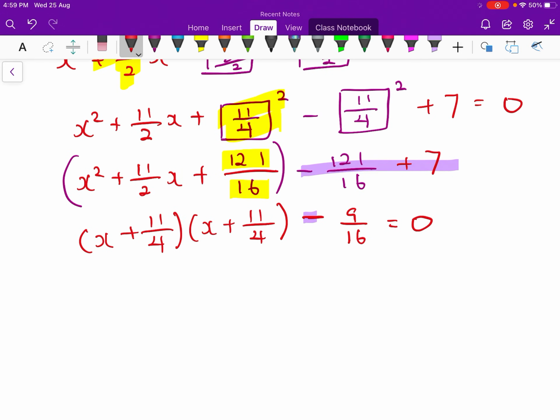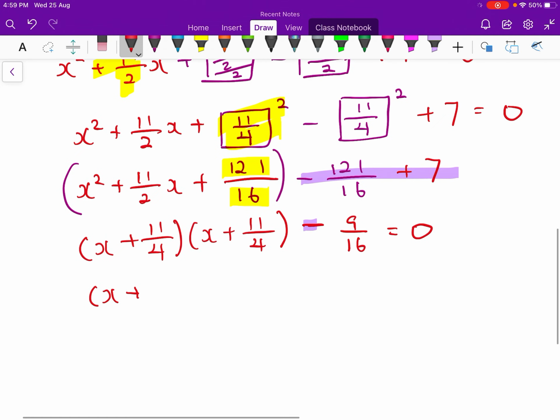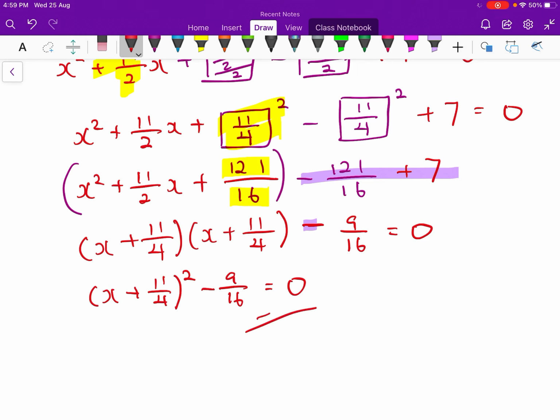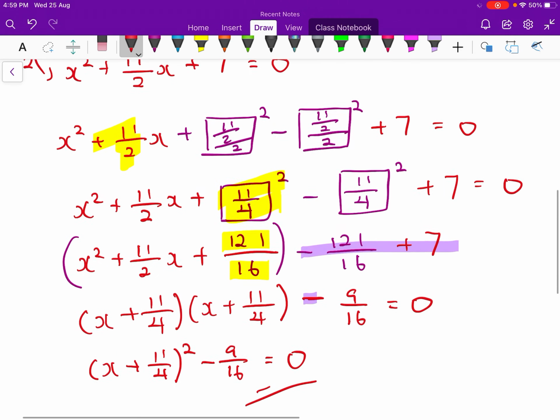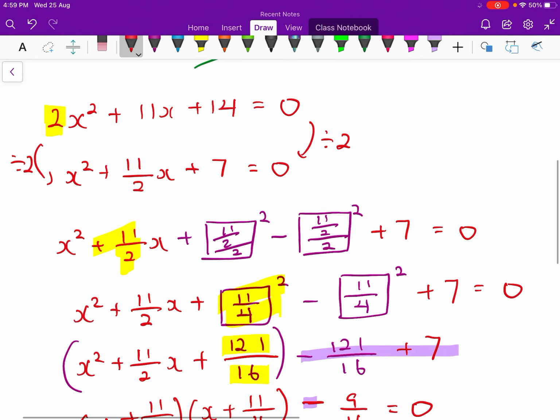Then you just make it into a nicer form: x plus 11 over 4, bracket squared, then minus 9 over 16 equal to 0. So in this case, you have completed the square already. This is when my y is equal to 0, so you notice that there's no y.